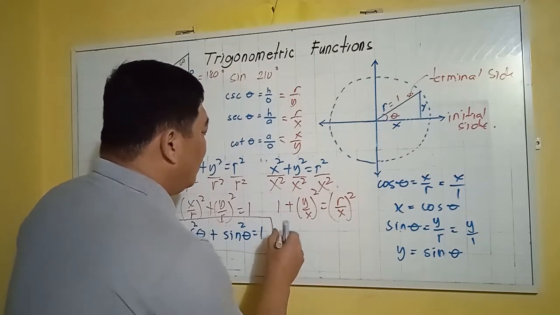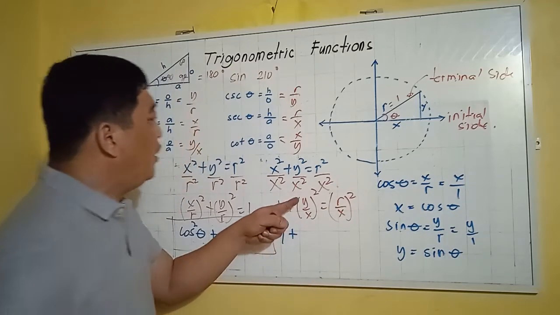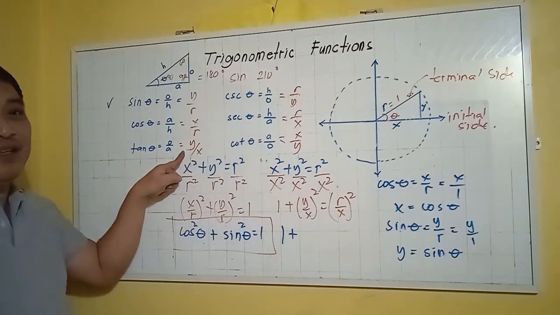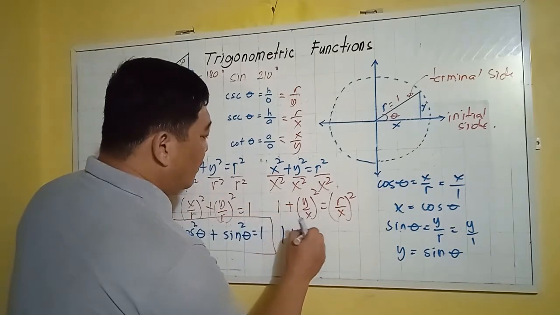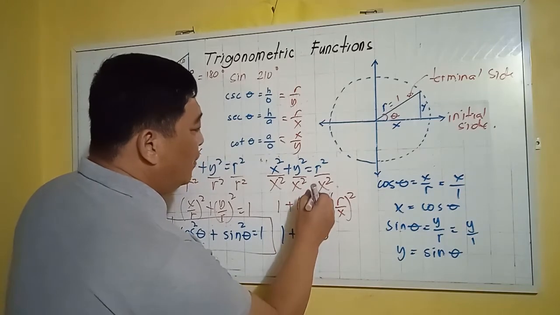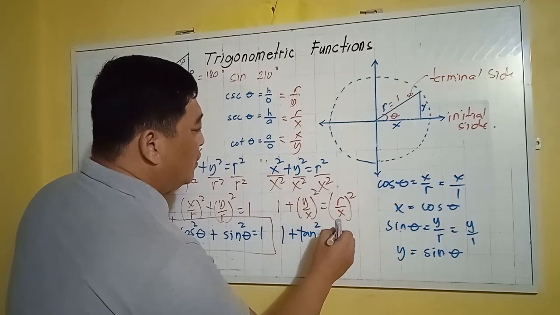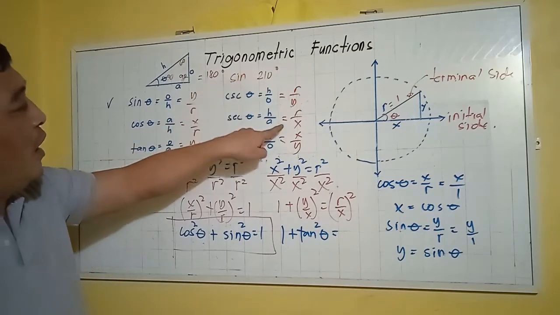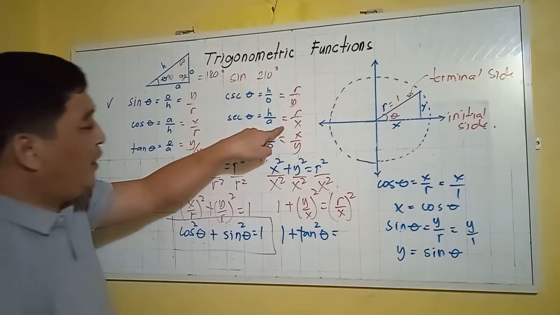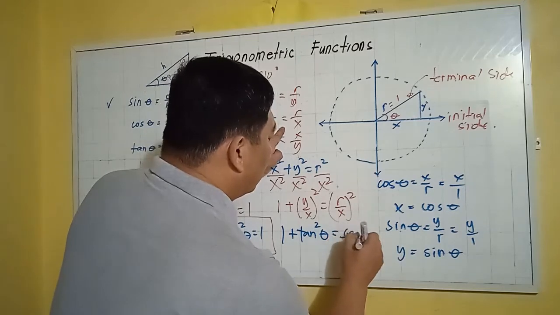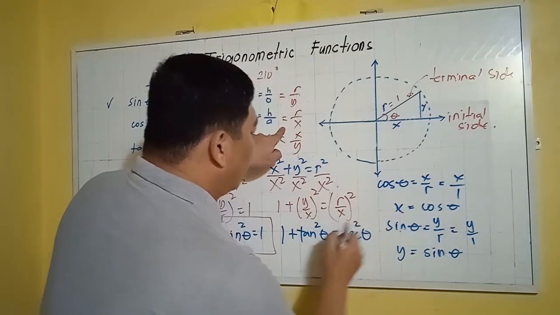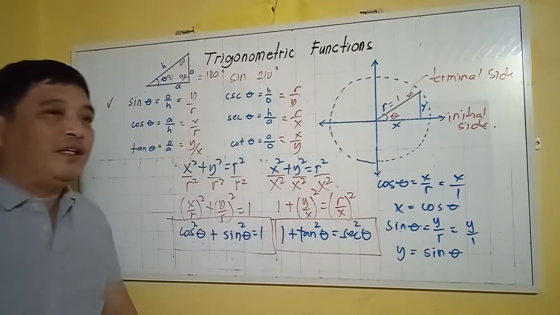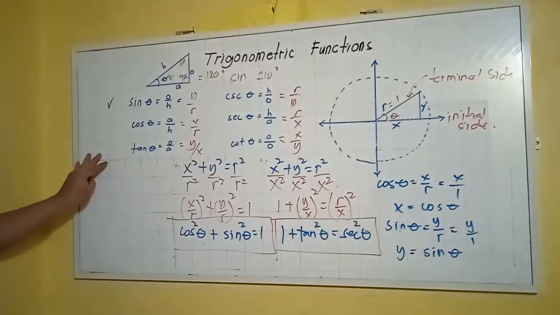Now, we have 1 plus y over x. Y over x is tangent theta, and this one is square, is equals to r over x. We have r over x is secant theta. This one is square. So this is the second Pythagorean identity. And the last, ito na lang.